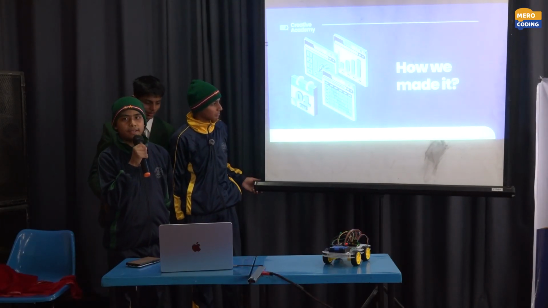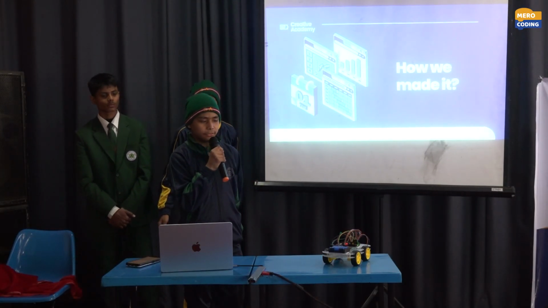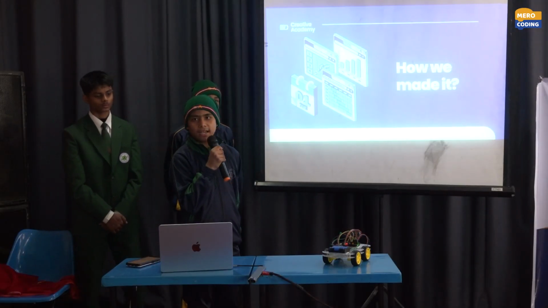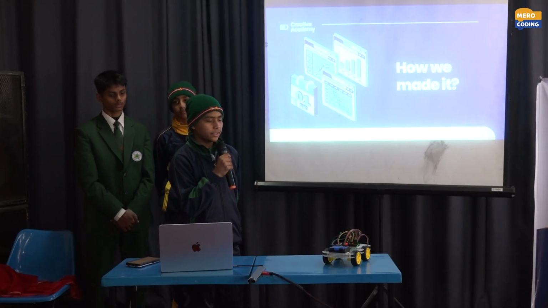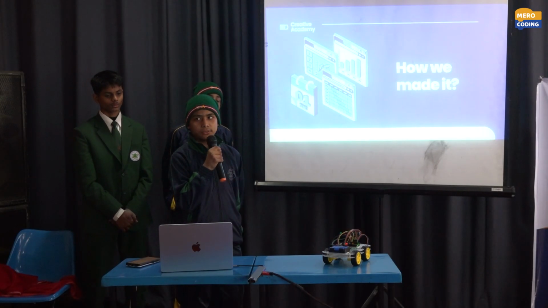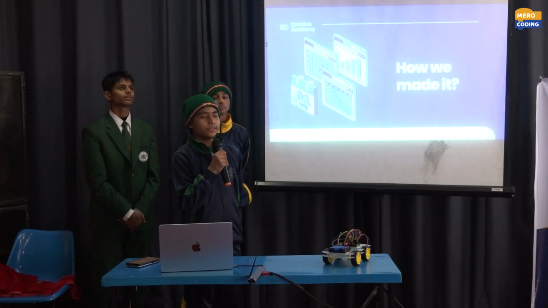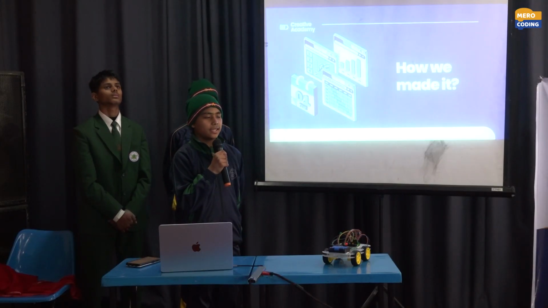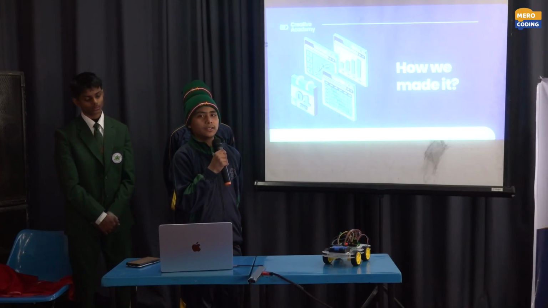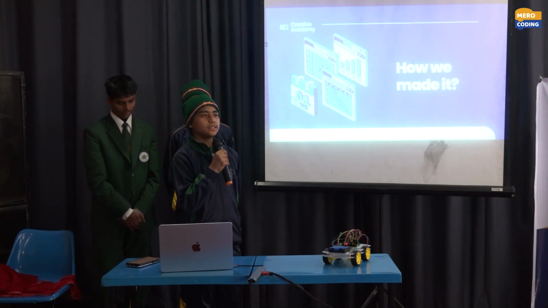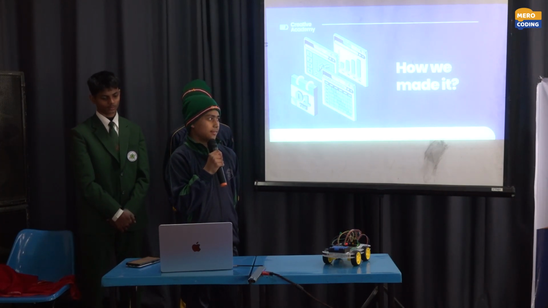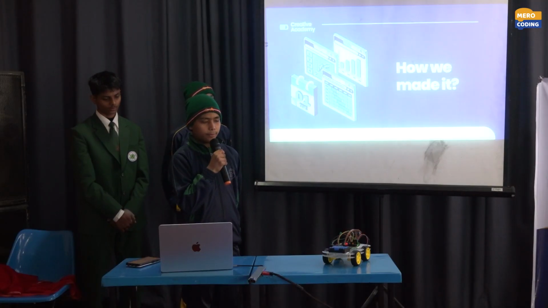We made it using different kinds of components, as you can see here. First of all, we use Arduino Uno, the microcontroller of this project, which connects all the components. It has digital pins and analog pins. Then we use the L298M motor driver, which controls the direction and the speed of the motors. Then we use a Bluetooth module, which sends the Bluetooth signal to the mobile.